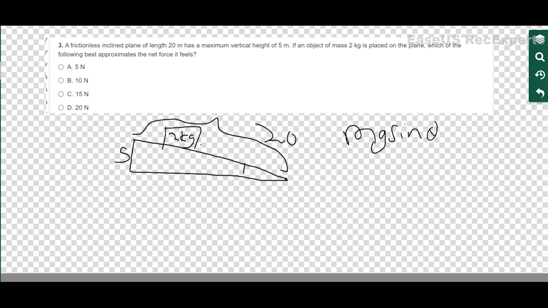I'm not going to go too far in depth about why this is your formula, but we know that the acceleration down an inclined plane is g sine theta. So we can multiply m by that to get our force: mass times acceleration is equal to your force.